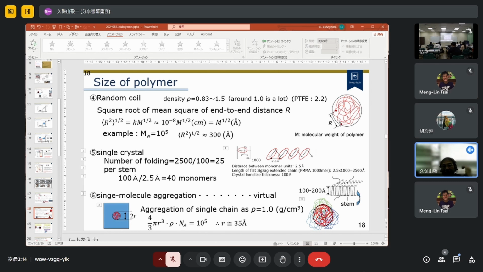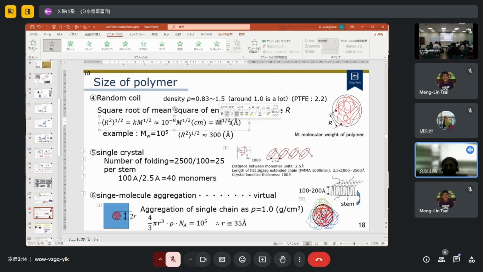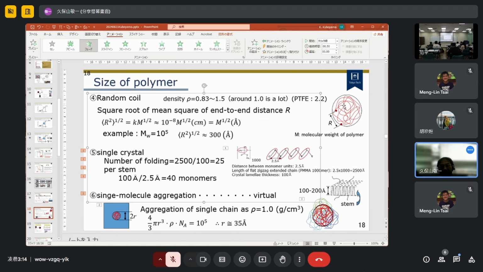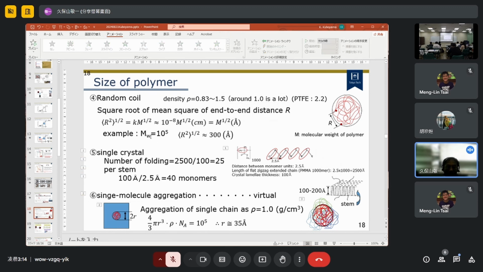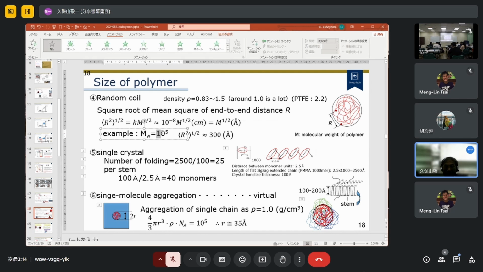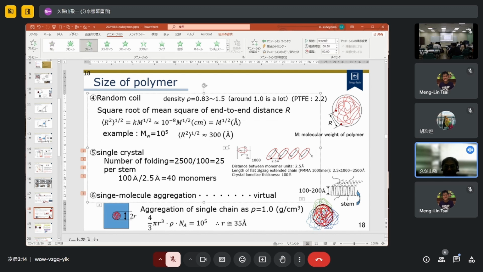Theoretically, the distance is calculated like this. M is the molecular weight of the polymer, and R is the end-to-end distance of the polymer chain. If the polymer chain forms a random coil, the end-to-end distance can be calculated from this equation. Now we assume that the molecular weight of the polymer chain is this one. So you can easily calculate the end-to-end distance as 300 angstrom.